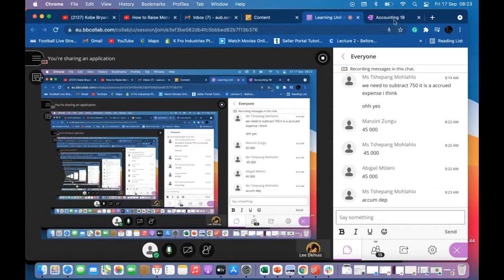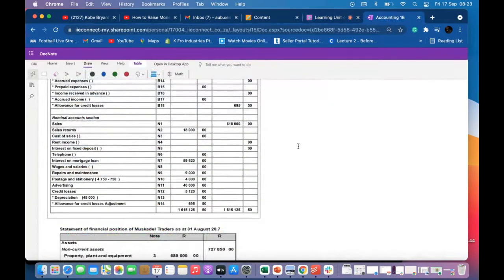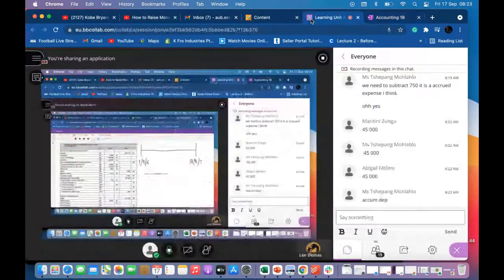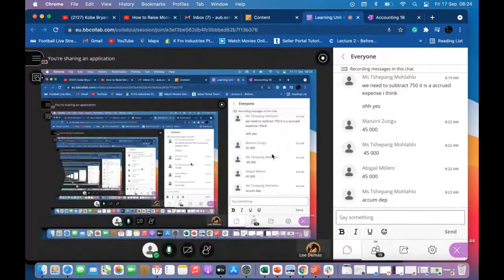Accumulated depreciation. Thank you very much, Tsepang. Yes, that is 100% correct. Let's see, where is our accumulated depreciation? And there we have it on vehicles. Again, I'm just going to put this in brackets for now. 45,000. Cool. So let's proceed. We are on a roll.